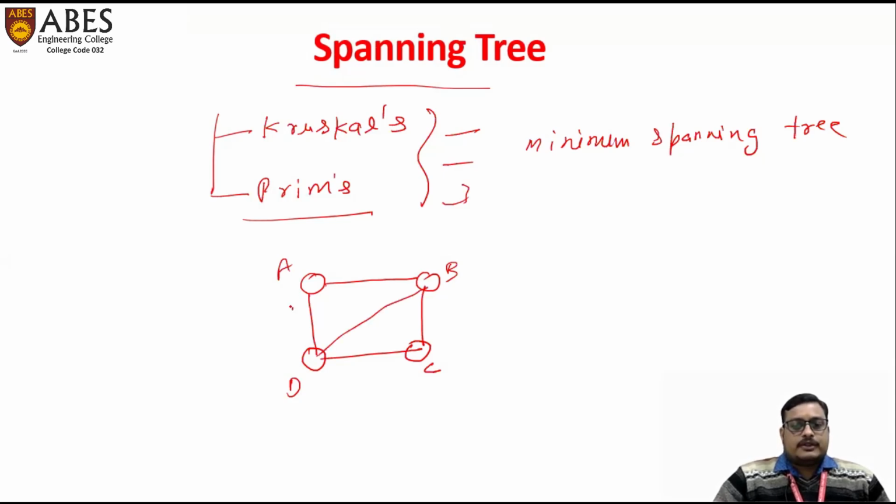Suppose this is one. This is having weight two. Now this is having three, and this is having two. Now this is four, and this is again two.